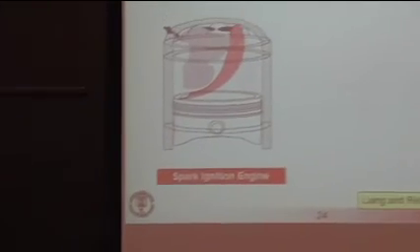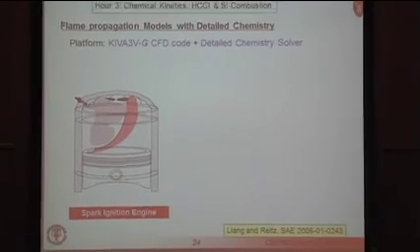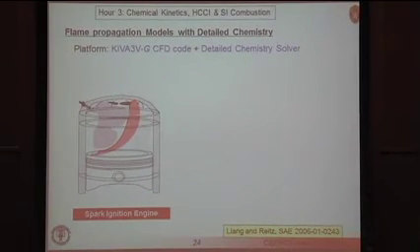The approach that we've used in Wisconsin is to modify our Kiva code to include the so-called G equation. The G equation essentially allows you to track the location of an interface, which in our case is the flame. And we're going to couple that with a detailed chemistry solver.